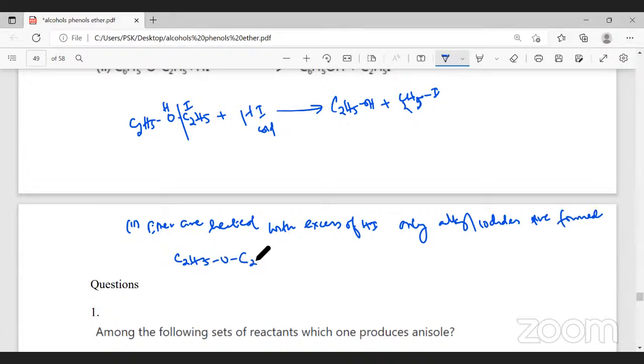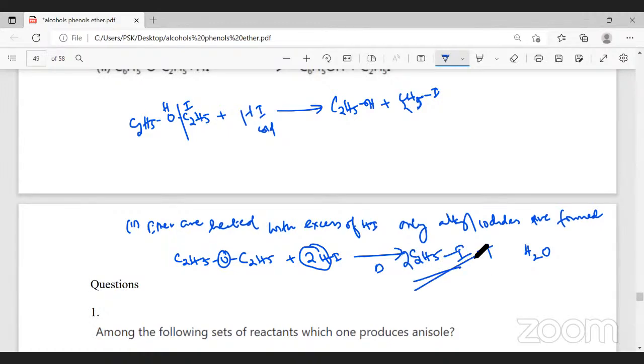If you take C2H5OC2H5 and it is treated with excess of hydrogen iodide, these two hydrogens and this oxygen get eliminated as water. What you have now, C2H5, one iodine attacks this group, the other iodine attacks this group. So you get ethyl iodide, 2 moles of ethyl iodide.